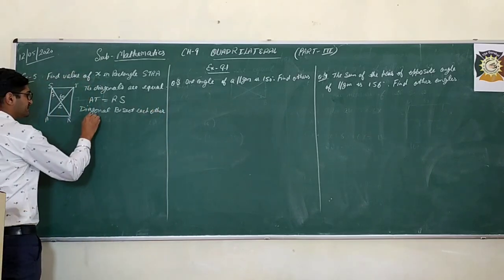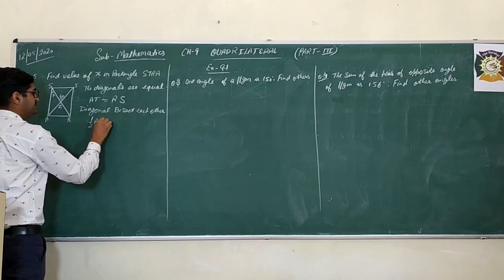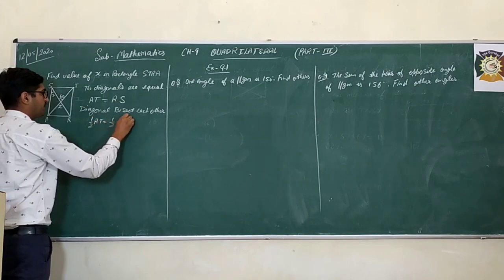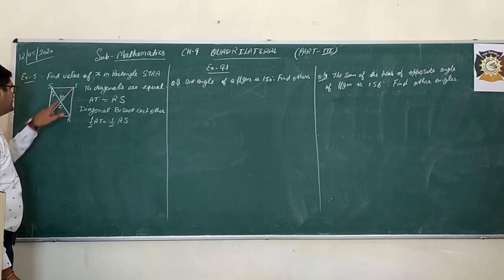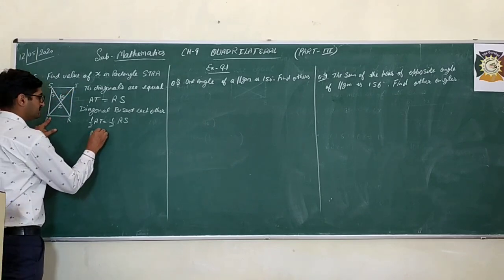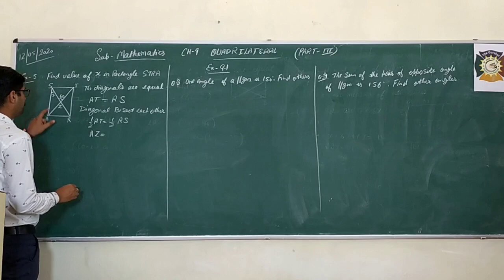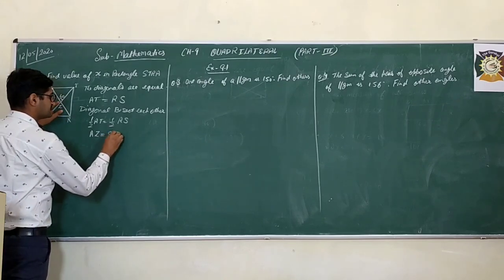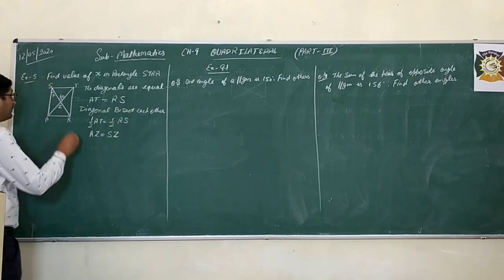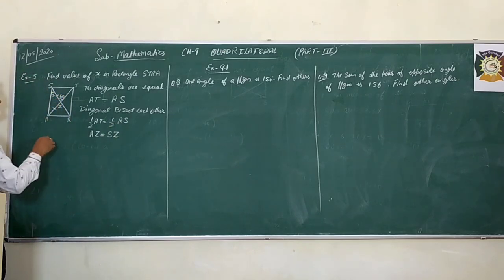So we can say that half of 80 is equal to half of RS. Now the value half of 80, this is AZ, and the value of half of RS, we can say SZ.